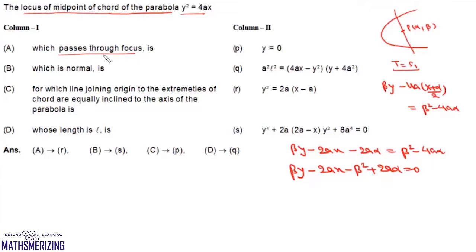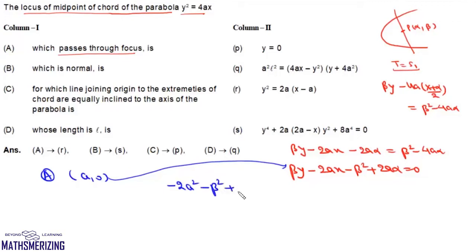minus beta square plus 2a alpha equals 0. Now the first question is, it passes through the focus. So if it passes through the focus, that means it'll pass through a comma 0. So we'll put x as a and we'll put y as 0. So it'll be minus 2a square minus beta square plus 2a alpha equals 0.